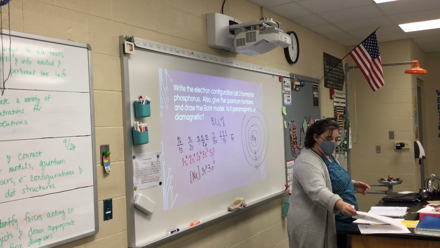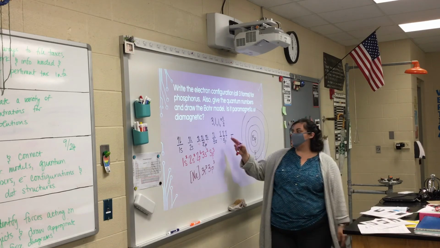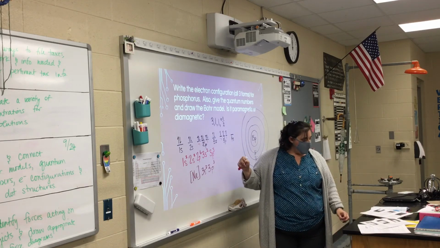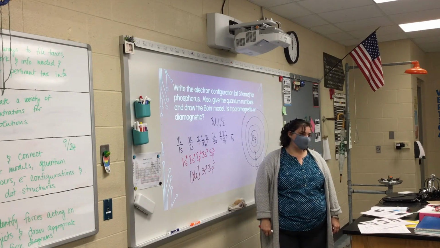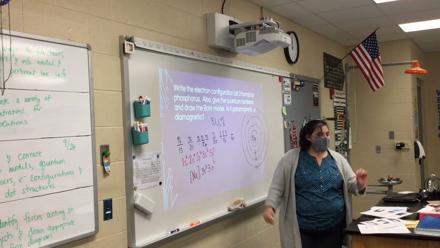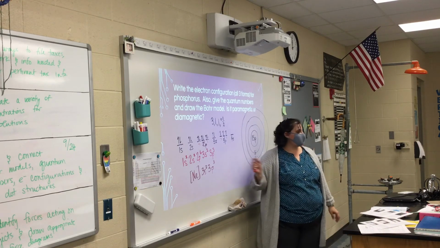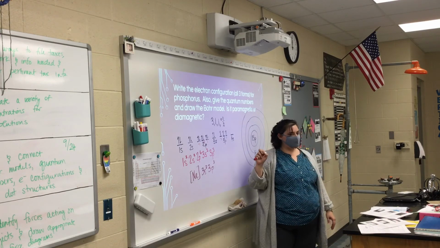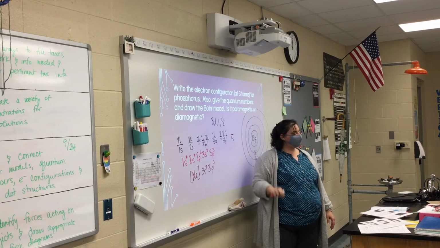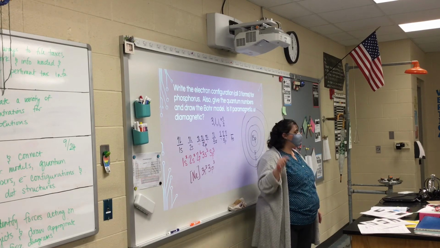So we need to look at, I think it's easiest to see it in our orbital notation. When it is paramagnetic, you have electrons that are not paired.